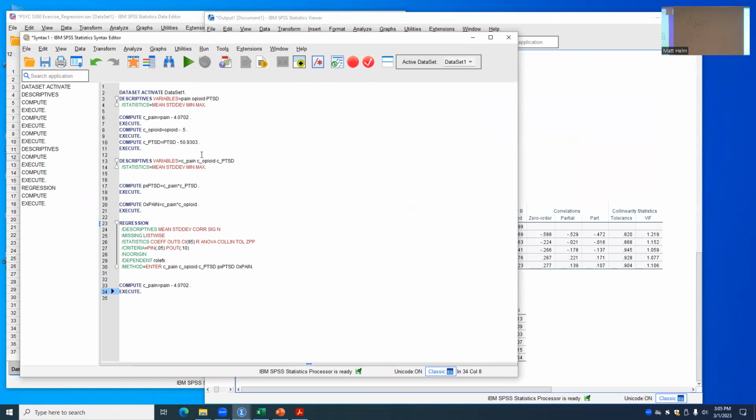So I'm going to recenter what pain means, or where zero is at for pain. I'm going to create a new variable called low pain. And low pain is going to be pain plus a standard deviation.